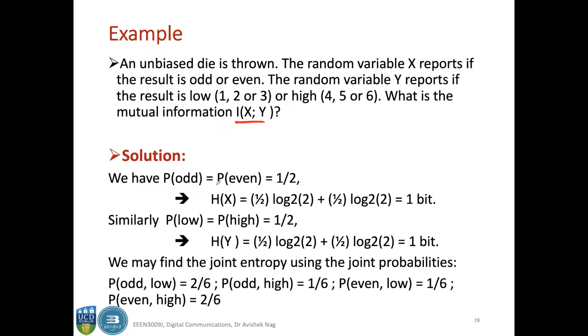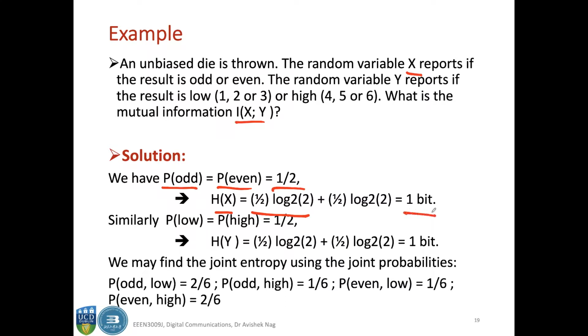So let's say the probability of getting an odd or an even is half. If you are considering the random variable x which reports whether the result is odd or even, the entropy is calculated from the definition as half of log to the base 2 of 2 and then half of log to the base 2 of 2.